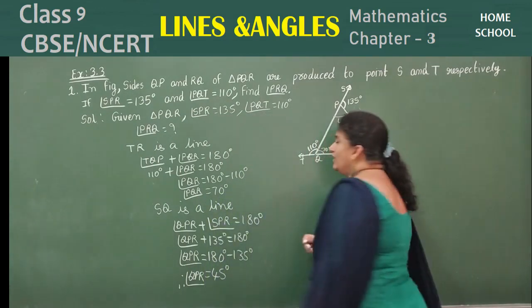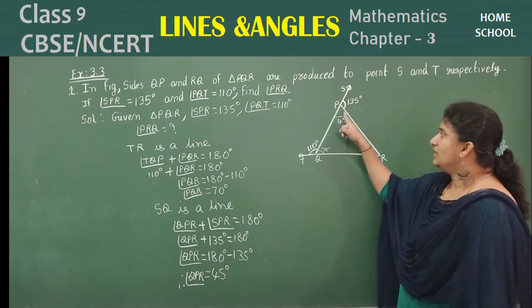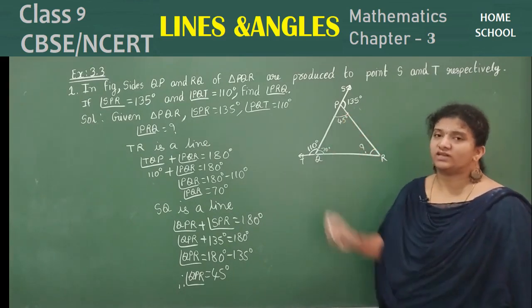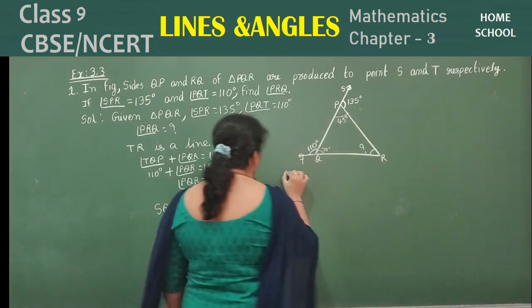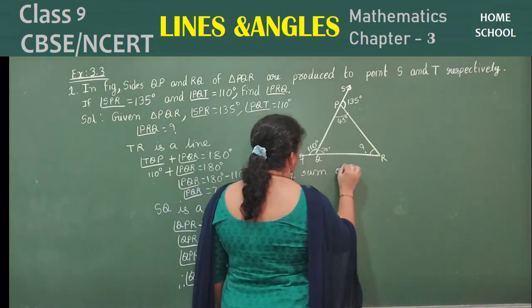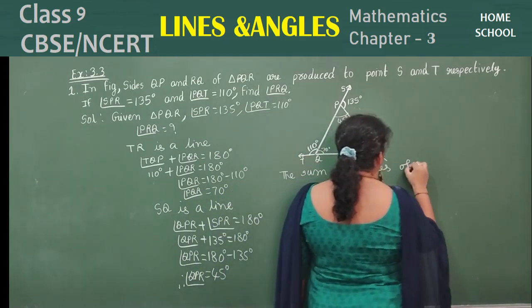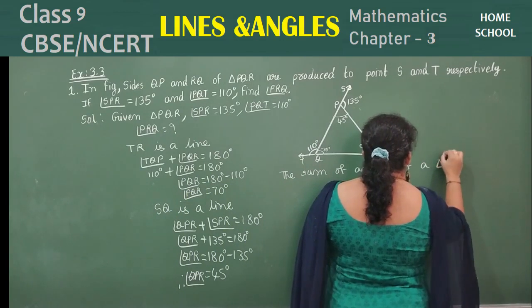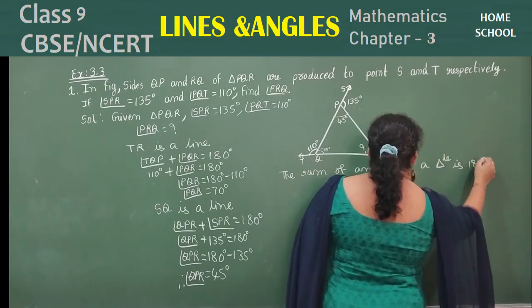Right? We know by theorem 3.7, what do we know, children? The sum of the angles of a triangle is how much? 180 degrees. So now let me write that statement. The sum of angles of a triangle is 180 degrees.